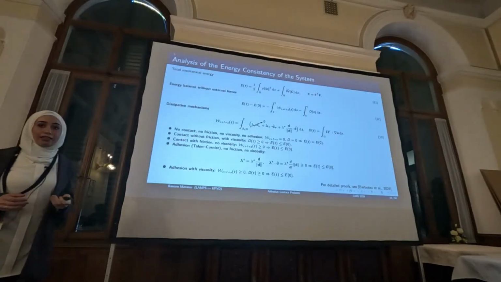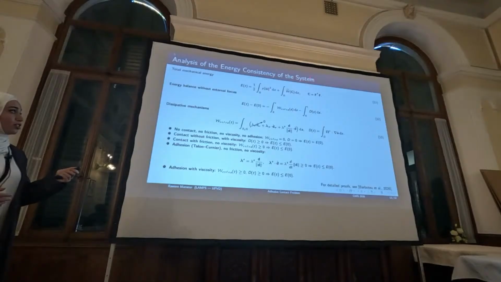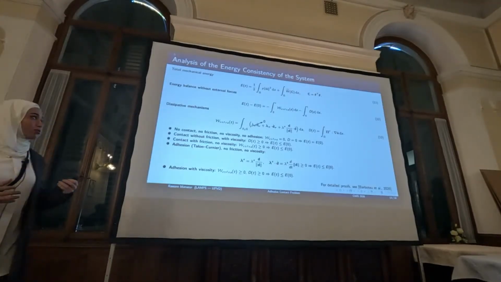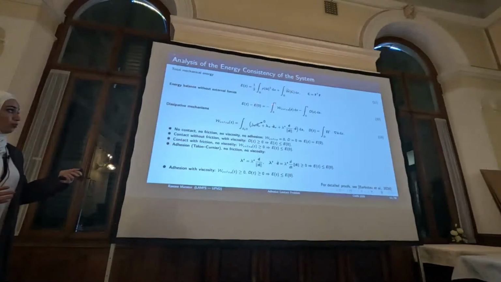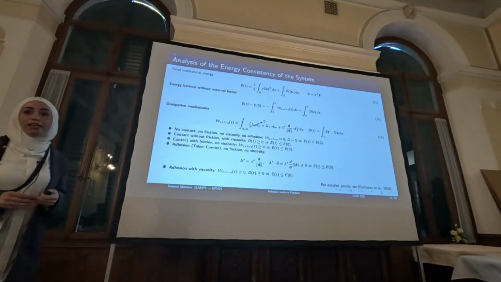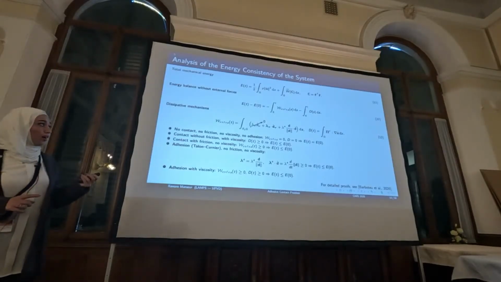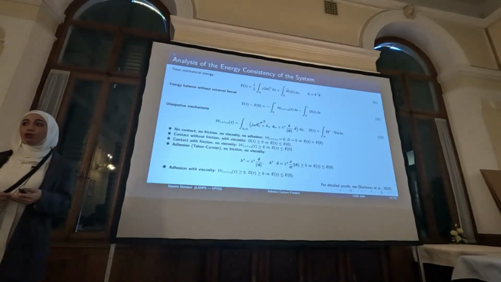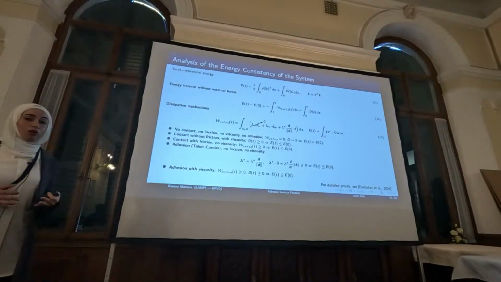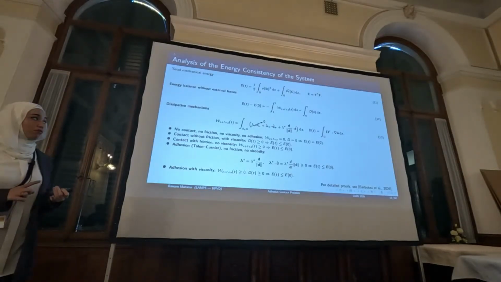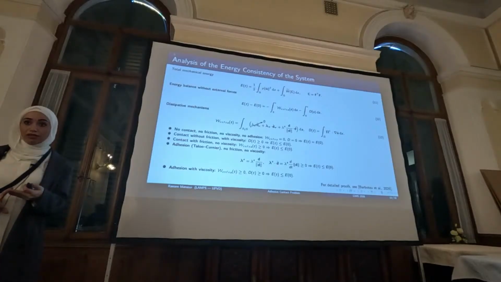The total mechanical energy is the sum of kinetic energy and hyperelastic energy. In the absence of external force, the balance of energy can be written as shown in the slide in equation 12, where W C plus F plus A represents the dissipative work of friction and adhesion, while D represents the dissipative work of viscosity. Depending on the physical regime, energy is conserved in the absence of friction, adhesion, and viscosity.